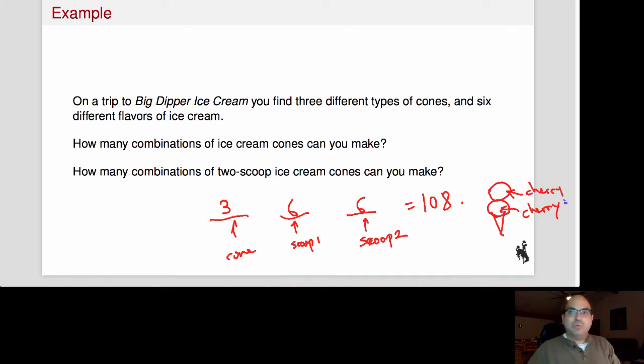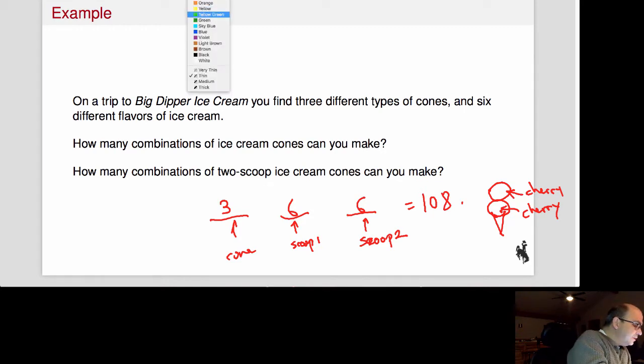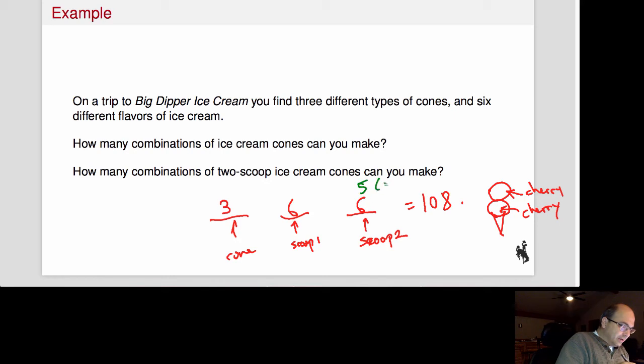That's actually one of the possibilities that we have here because we said scoop 1 could be any of the 6 flavors, scoop 2 could be any of the 6 flavors, so they could actually be the same flavor. Should that be allowed, or do we actually mean for them to be different? Well, if we mean for them to be different, then this number should not be 6. This number should be 5. So 5 if we want to be different flavors.